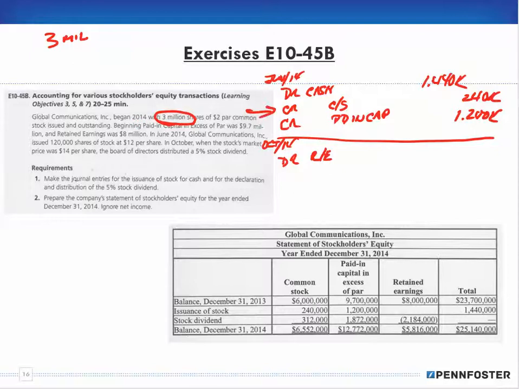But we also have to take into consideration that we created additional stock in June of 2014 by issuing 120,000 shares. So we have to add in 120,000 shares. So we have 3,120,000 shares of stock, right?